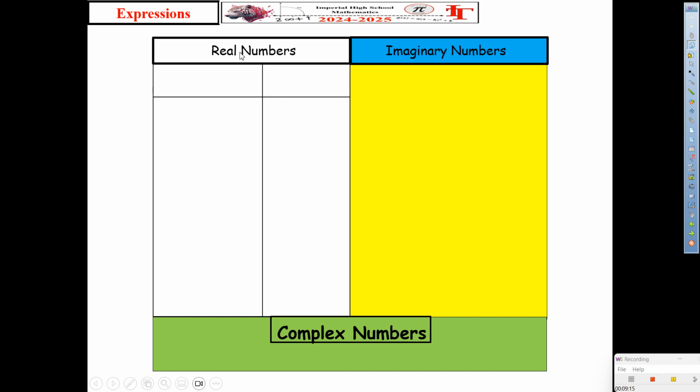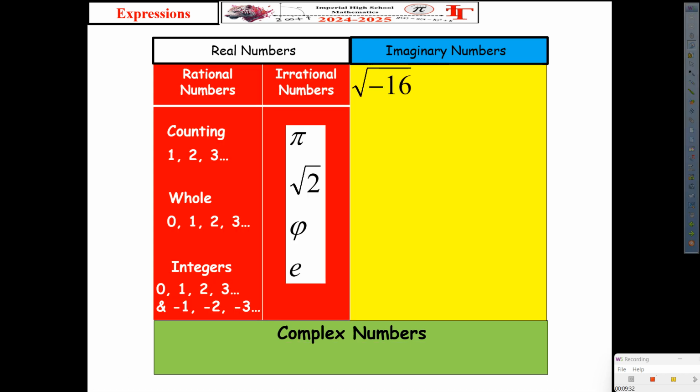Real numbers are two sets, rational and irrational. Remind your neighbor what rational numbers are. What would be a definition? Numbers that can be written how?